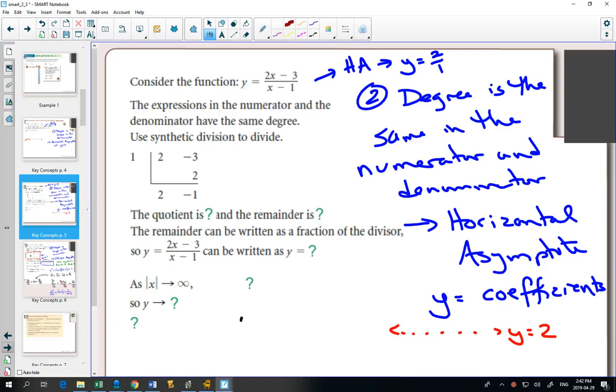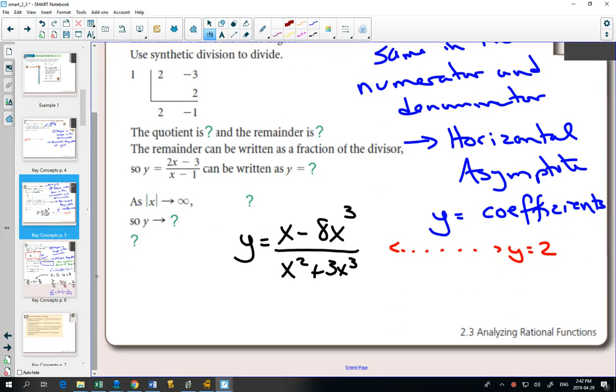I'll give another example. Let's say the top is 8 minus x minus 8x cubed over x squared plus 3x cubed. This one has a horizontal asymptote. I tried to mix it up to make it appear more difficult, but it's not. The highest degree is the x cubed.